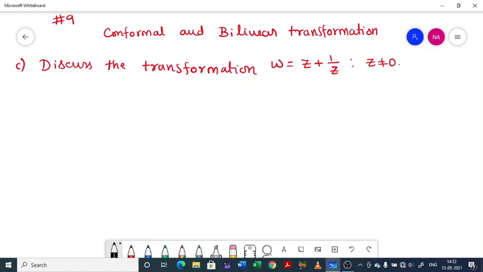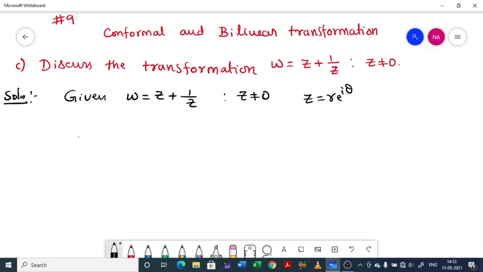Now problem C: discuss the transformation W equal to Z plus 1 by Z. Solution: the given transformation is W equal to Z plus 1 by Z, with Z not equal to 0. I will take Z equal to R e power i theta.